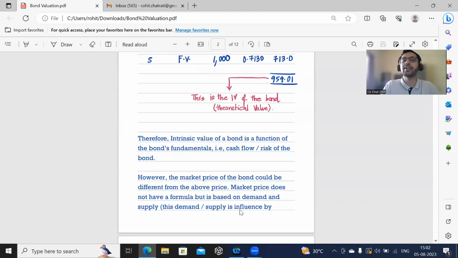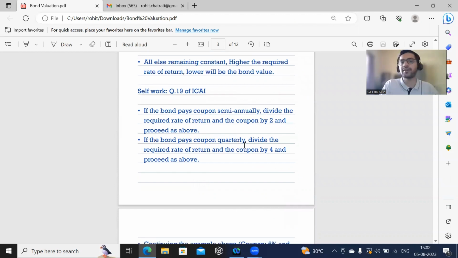Similarly, if the bond pays coupon quarterly, then you divide the required rate of return by 4, and you also divide the coupon by 4. So your coupon will then become $15, since $60 on a per annum basis is equal to $15 quarterly, and you also do 7 divided by 4, which gives 1.75 percent as your discount rate.